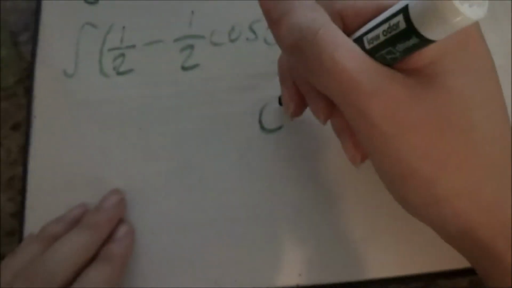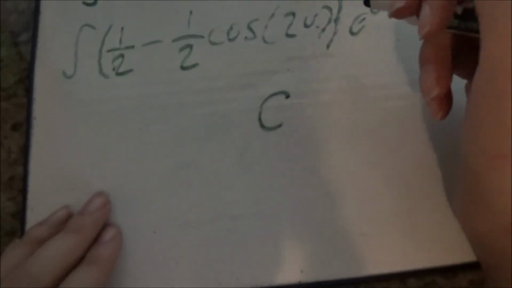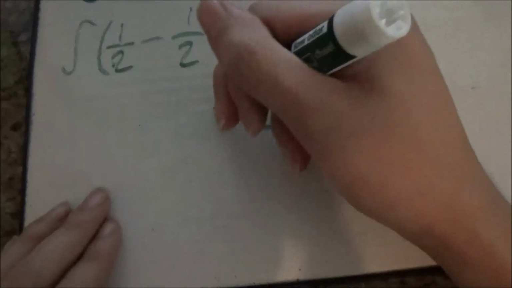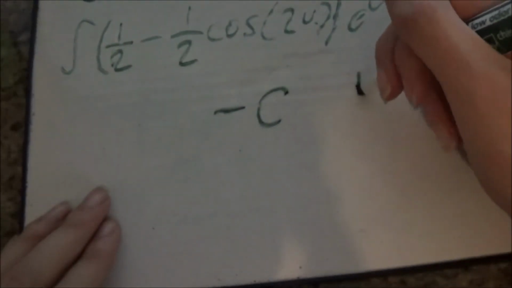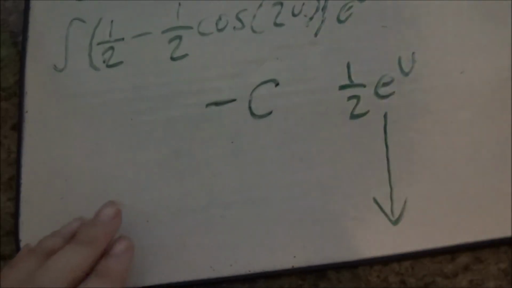So doing the derivative is much easier. Okay, cosine, I just leave the constant out. Well, actually, you can bring the constant in. I'll take the negative to here to the cosine. Then half e to the u. This just goes like that.